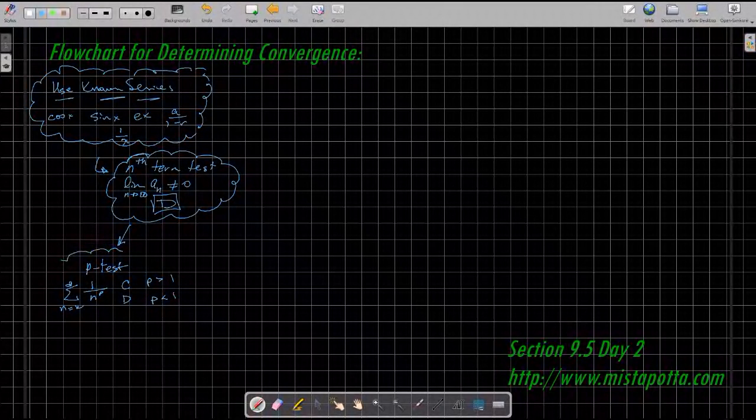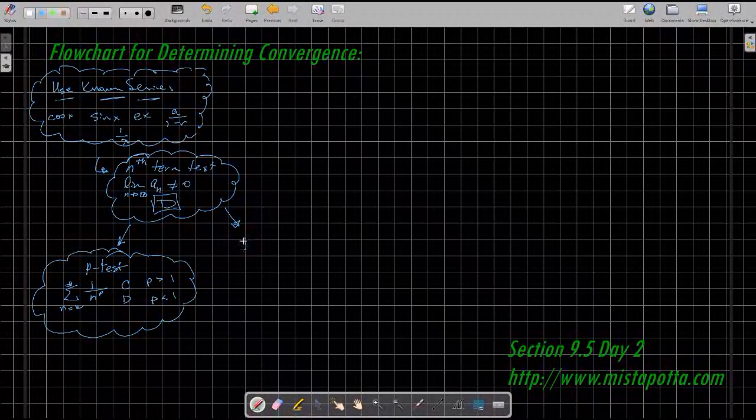So I really want to take a look at that and see if that gives me a clue. But of course, this is only going to give me a clue if I end up recognizing this. So maybe I don't recognize that. Maybe I need to fall down to one of the other tests.